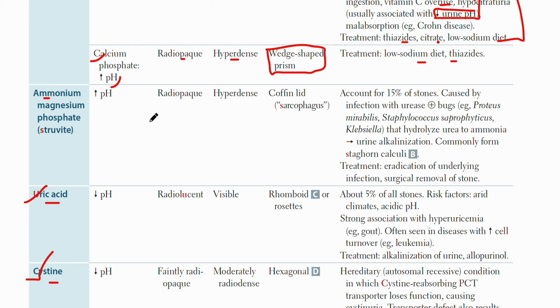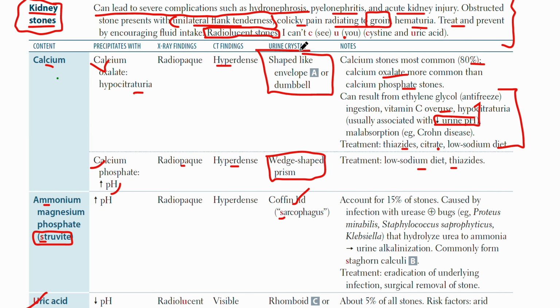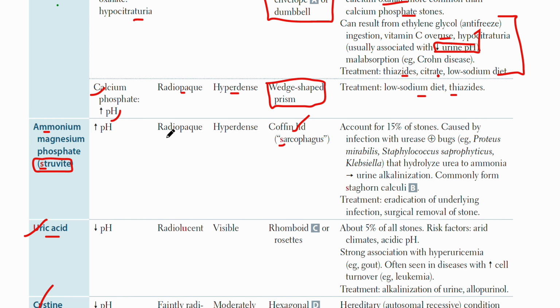Another stone type is struvite. S for struvite, S for sarcophagus. This is a very high-yield mnemonic: sarcophagus, and it looks like a coffin lid in urine crystals, and it is also radiopaque. It also precipitates in increased pH, and has hyperdense findings on CT. They account for 15% of stones and are caused by infection with urease-positive bugs.